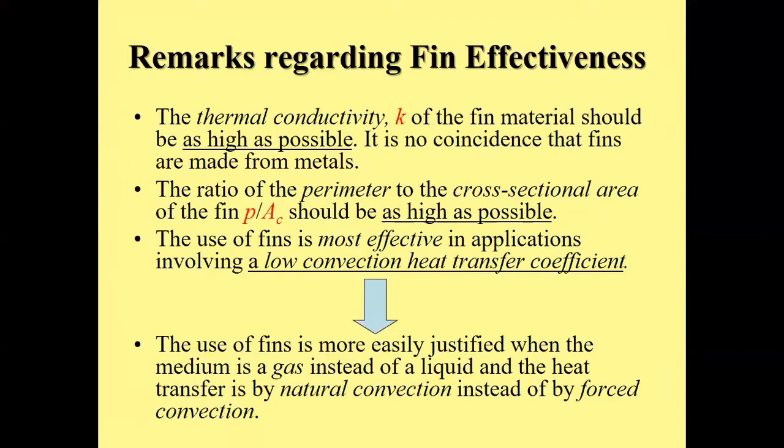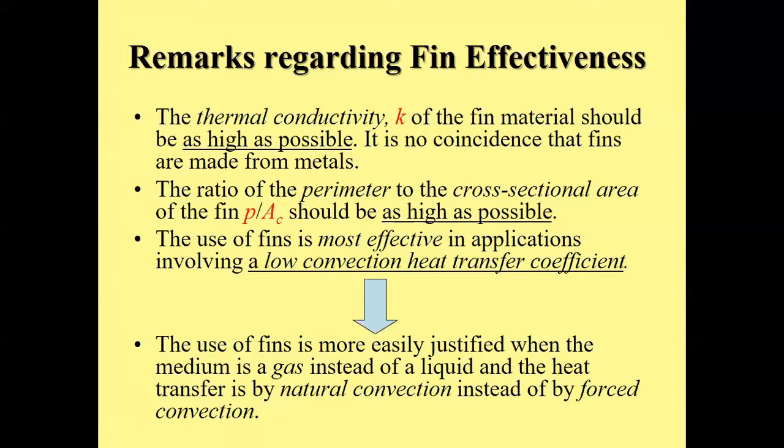It is more easily justified, more economical, when the medium is a gas instead of a liquid, because gas has a lower convection heat transfer coefficient, and the heat is transferred by natural convection instead of forced convection. You will see natural convection has a lower heat transfer coefficient.